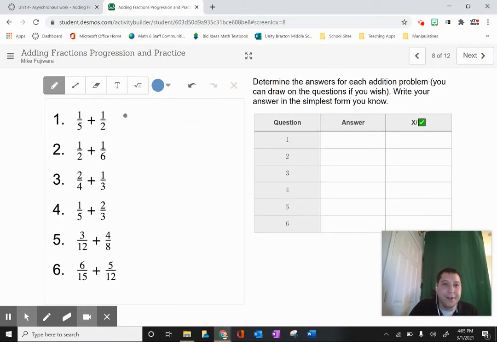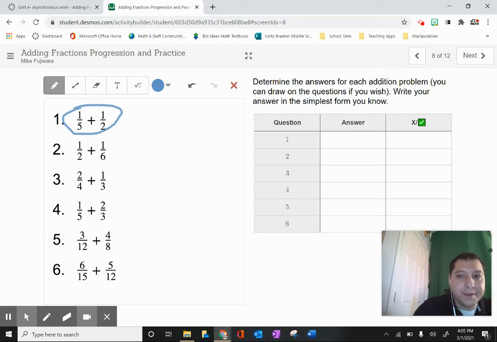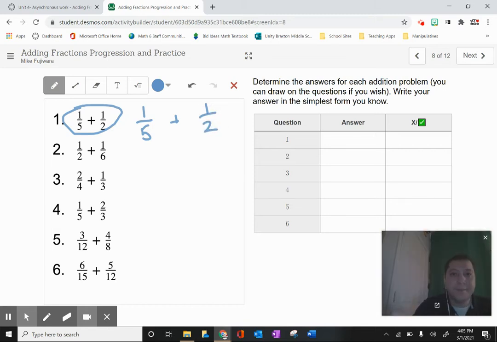Here, I'm going to rewrite this one. Sometimes you'll need, like in this first one, to change both. So I have 1/5 plus 1/2. And what denominator could I make both of them?